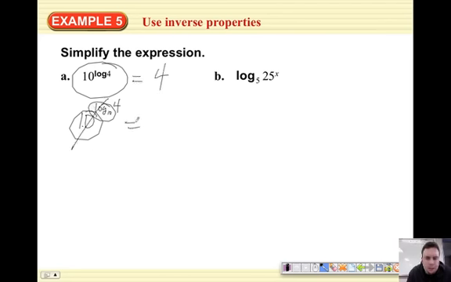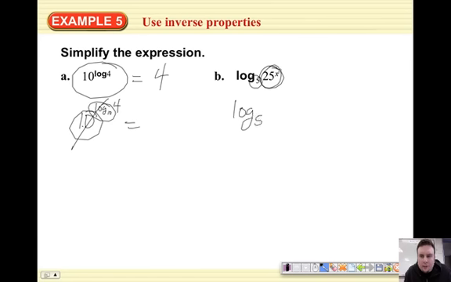What about this one? This one takes a little bit of work, so understand the logic behind it. It would be nice if this had the same base. It does, doesn't it? This base is 5. Couldn't I make 25 equal to 5 to something? So I'm going to rewrite it. Log base 5.